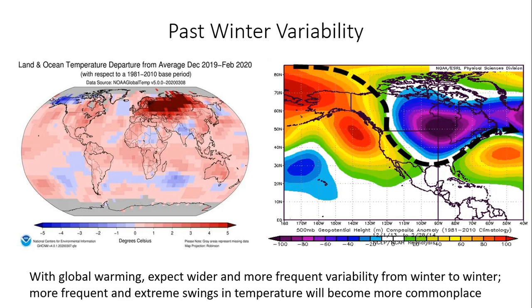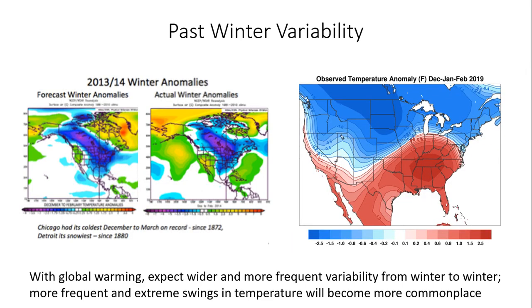Look at the planet as a whole. The blue shadings indicate below normal temperatures for that winter, but overall, look at the entire planet, just warmer than normal. If you look at the graphic on the right, I'm showing you the overall 500 millibar geopotential height anomaly at 18,000 feet, the upper level heights. Look at that particular winter. This was the 2013-14 winter, the one I showed you here on the left.